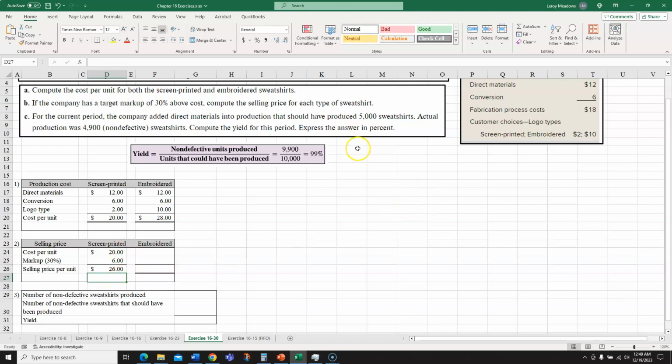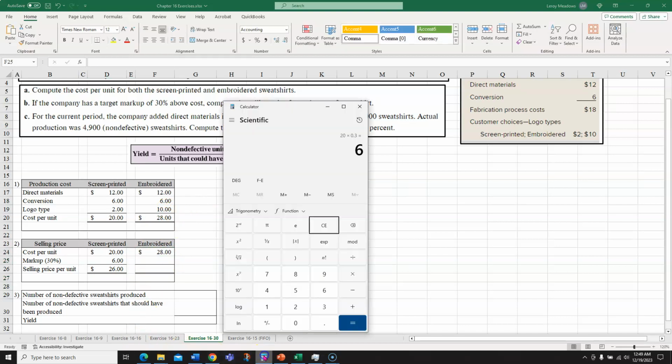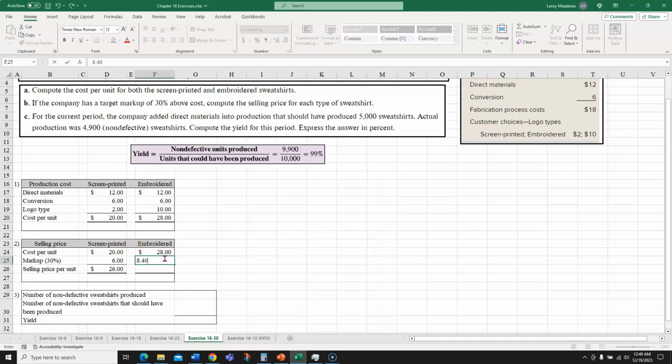Now let's look at the embroidered. The embroidered one had a cost per unit of $28, and the markup is 30% of that. So 28 times 0.3 is $8.40. My selling price per unit is my cost plus the markup. $28 plus $8.40 is $26.40.